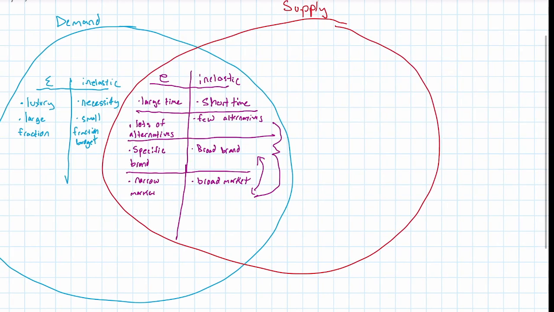And then finally, we have the ones unique to supply elasticity. The only one I can really find that's unique to supply elasticity is specialized inputs.